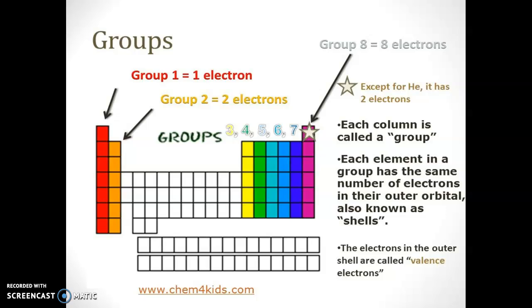So if you number them, the first one here would be number 1. And then if I go all the way over to the right, the purple column would be the 18th group. However, that number, especially once you get to the teens, isn't really necessarily telling you what the exact number of valence electrons are. So here's how we can figure that out.